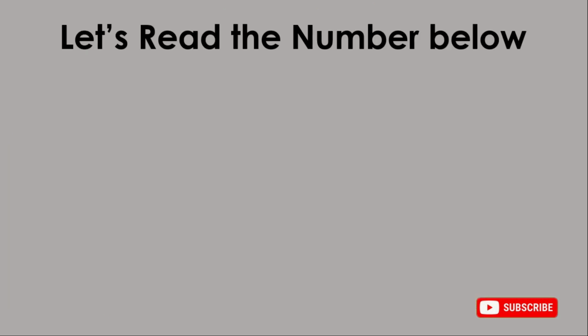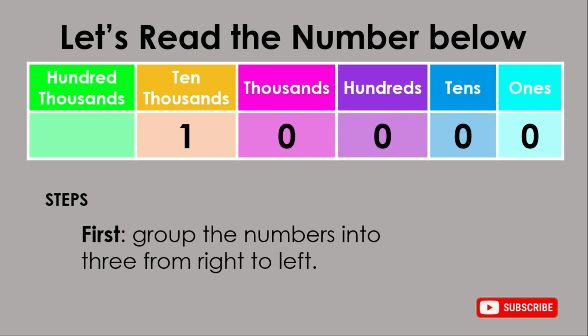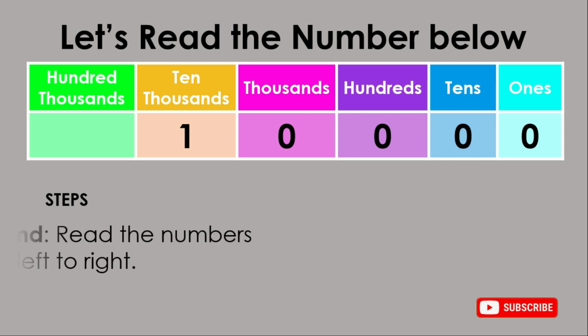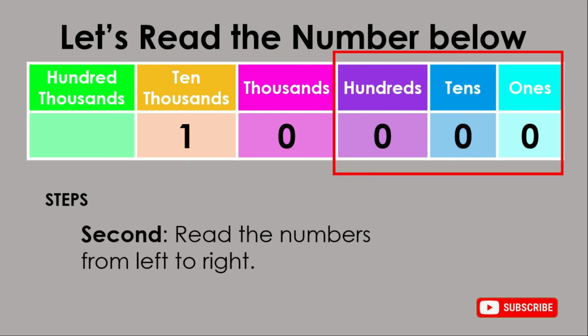Let's read the number below. Here are the steps. First, group the numbers into 3 from right to left. Second, read the numbers from left to right.